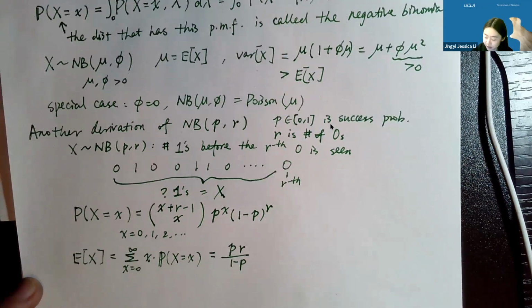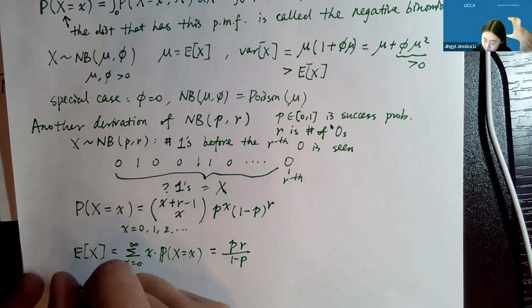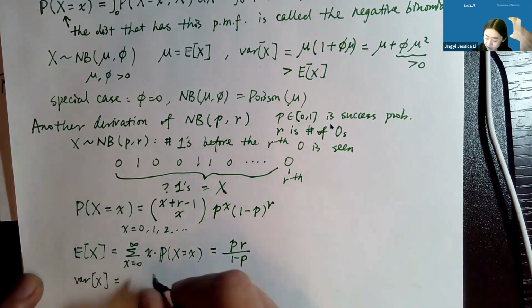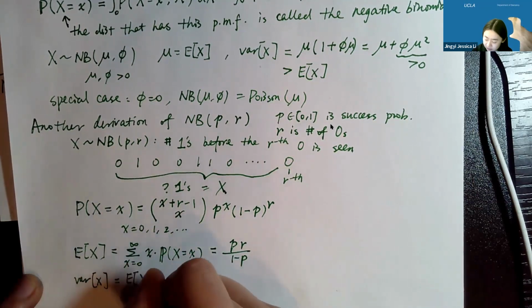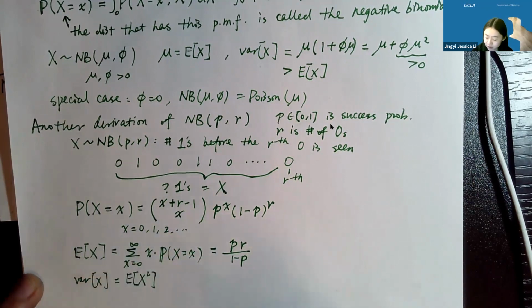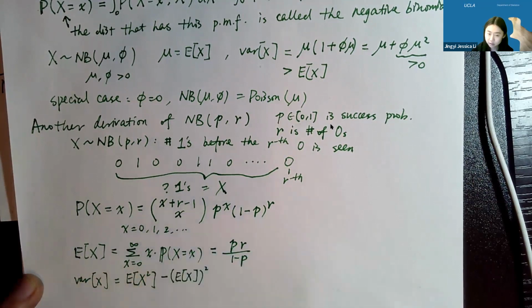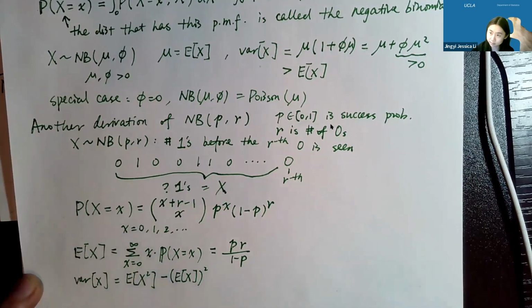Okay, and for the variance of X, I'm going to use that very important result for calculating variance: the second moment, expectation of X squared, minus the square of the expectation. For the expectation of X squared, I'm going to use this formula, but replacing small x by small x squared.